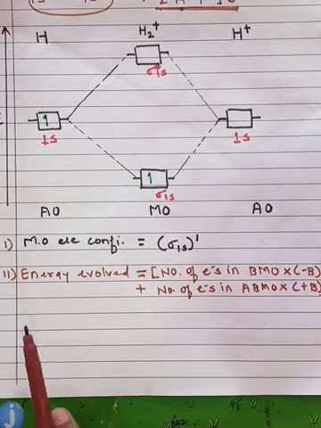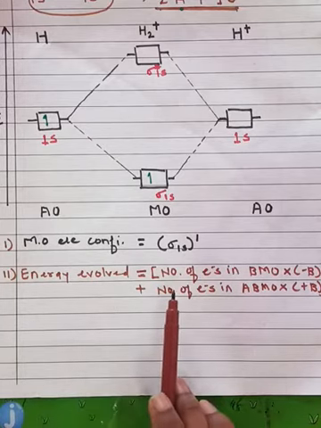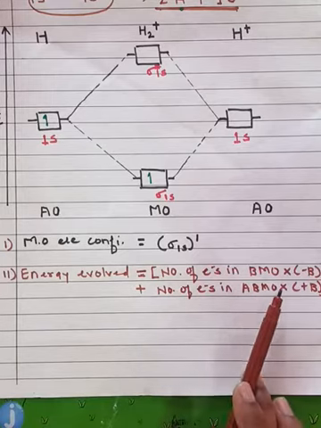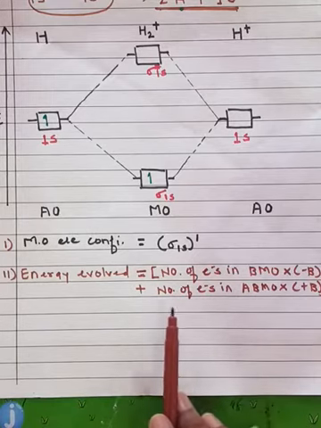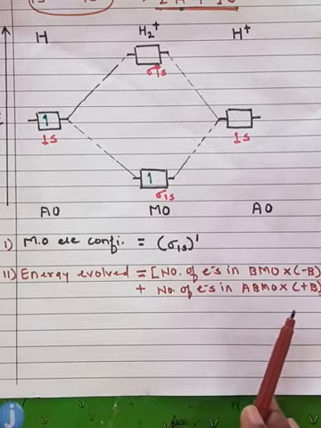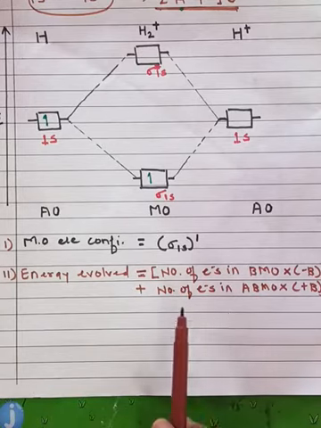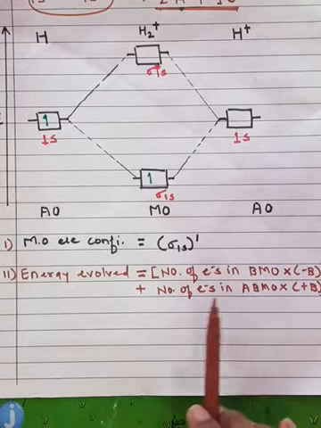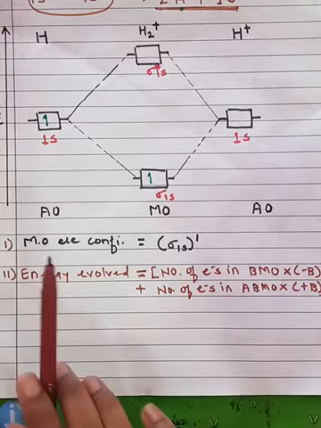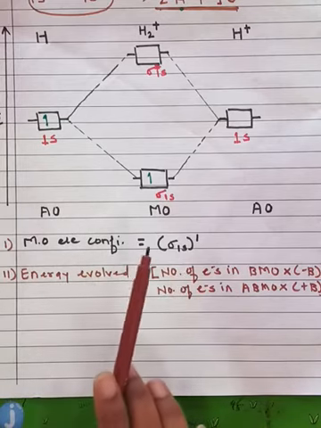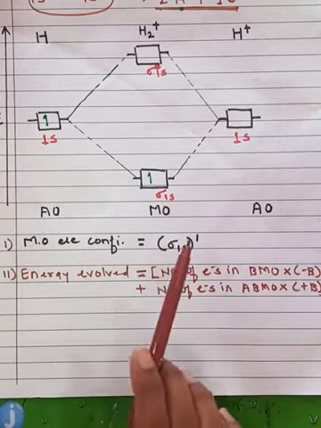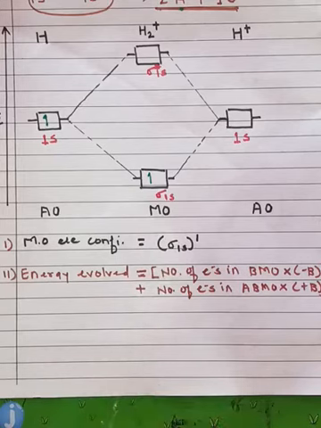It is given by the formula: energy E equals number of electrons in BMO into minus beta plus number of electrons in ABMO into plus beta. That means we just need to know the number of electrons in bonding and anti-bonding. From the MO energy level diagram, we know that there is a single electron in the bonding molecular orbital.